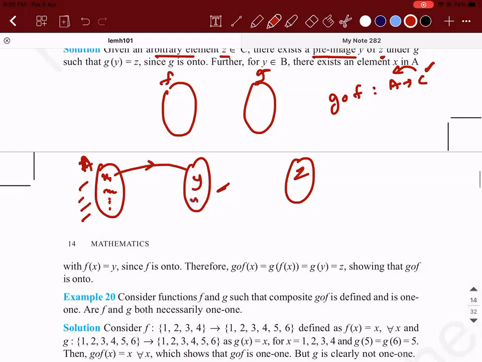Let us assume that yn is an element which is not mapped. I can still call this f a function. But for g circle f to exist, what should happen? This yn should be mapped to this. If it is not mapped, then it is not going to be a function.